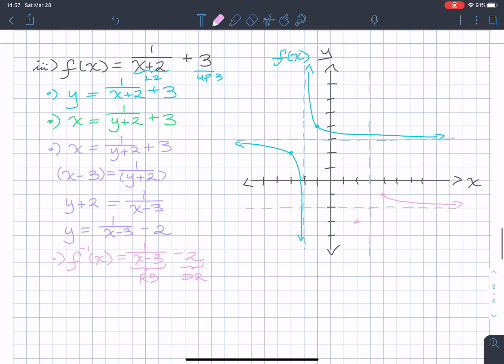So f inverse of x is going to look something like so. Kind of hard to draw this, but that's okay. Hopefully you get the idea. So this is f inverse of x.